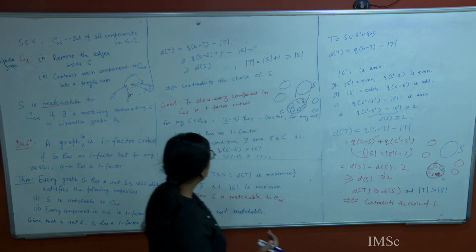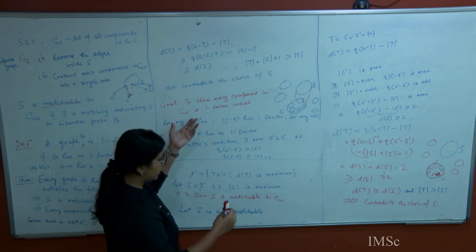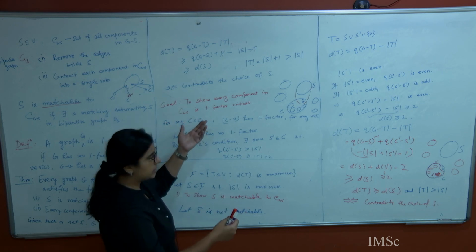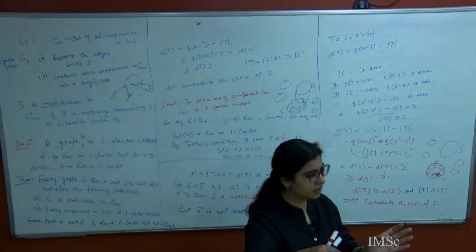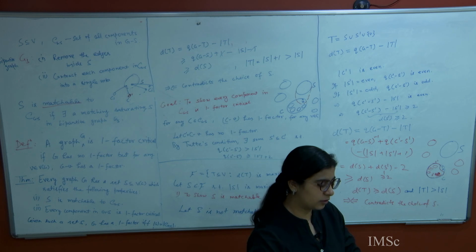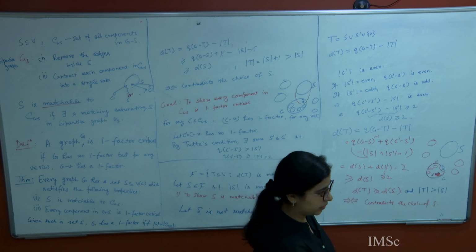And then we are using strong induction, and we are saying that if currently the cardinality of G is n, then for any graph with order less than n, your theorem holds.